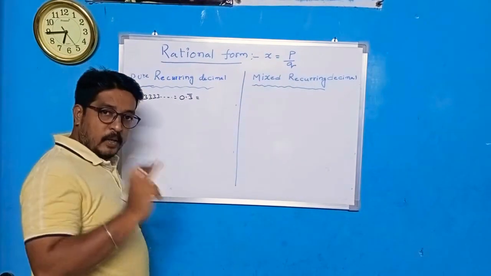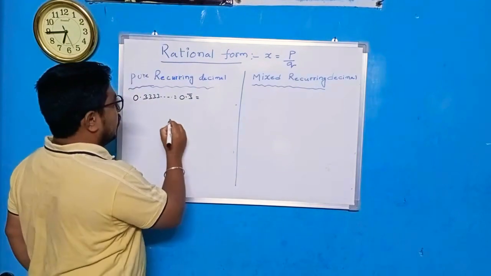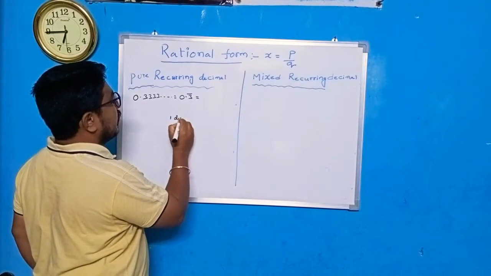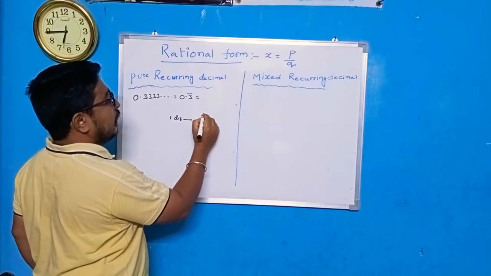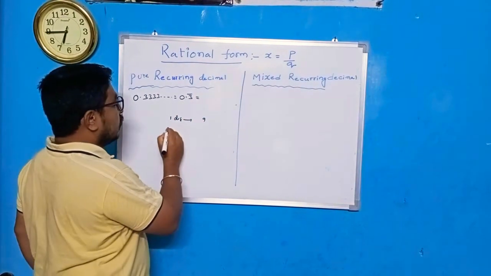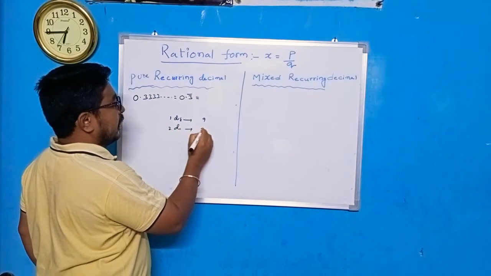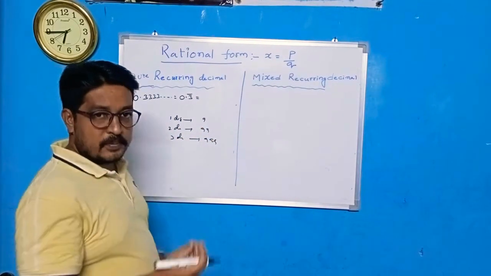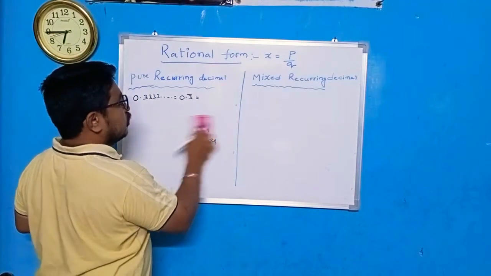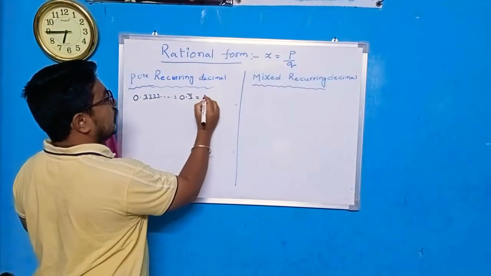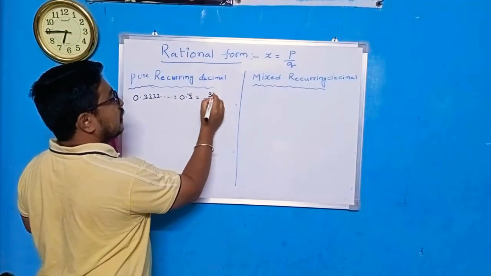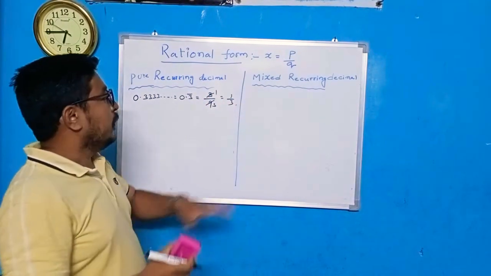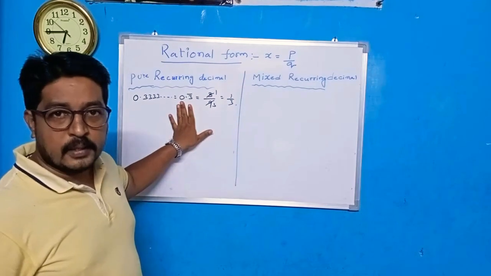One digit is recurring, so in the denominator write 9. Two digits are recurring, write 2 nines. Three digits are recurring, write 3 nines. This is my simple technique. So 0.3 bar is nothing but 3 by 9. 3 ones are 3, 3 threes are 9. That is 1 by 3, the p by q form for 0.3 bar.